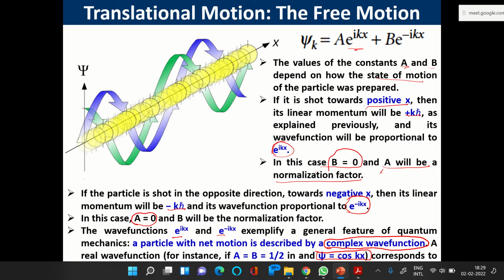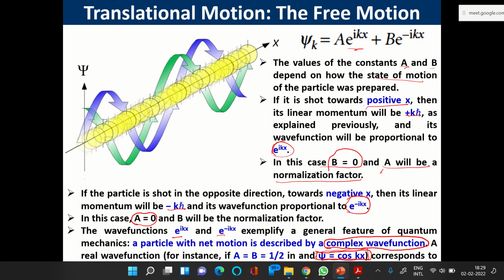It was a real function, so cos kx is a real function, and when we write a real function, it does not correspond to a net motion of the particle. इसमें आधा आधा कंपोनेंट दोनों तरफ का है, पॉजिटिव x डायरेक्शन का भी है, माइनस x डायरेक्शन का भी, both contribute equally, so nothing happens, there is no net movement of the particle.